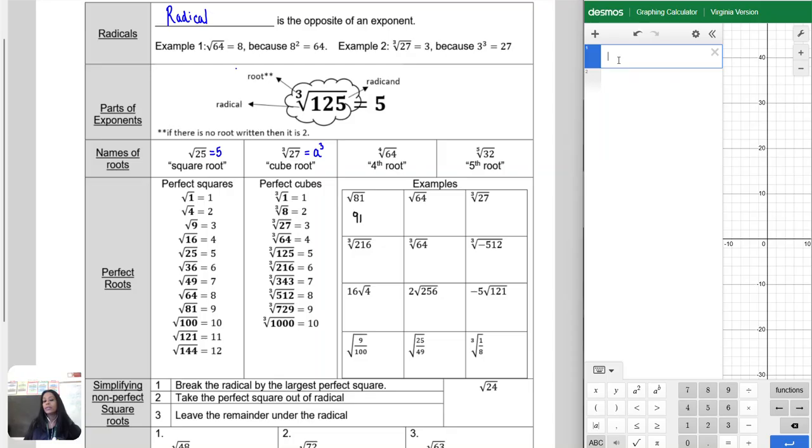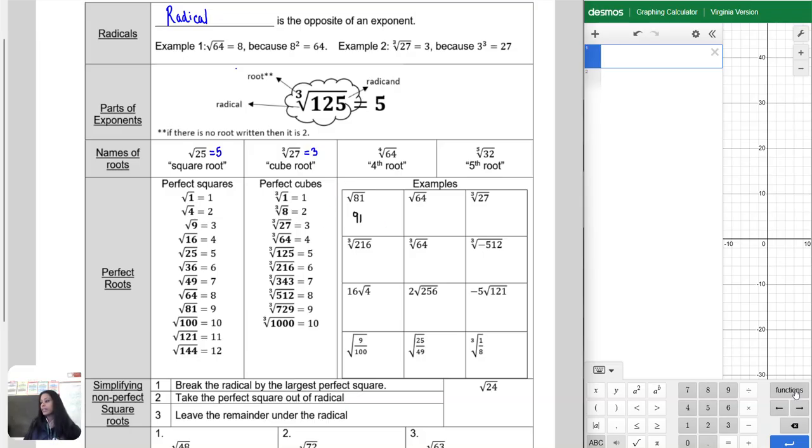Well, the cube root of 27 is going to be 3, because look, 3 to the power of 3 is 27. 3 times 3 times 3 is 27. Okay? Let me write the answer here. This would be cube root of 27 is 3.